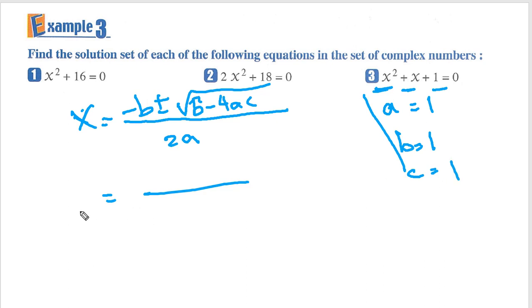All of them are 1, yes. Negative b, negative 1, plus or minus square root. b squared will be what? 1 squared, it will be 1. Minus 4 times a, 1, times c, 1.